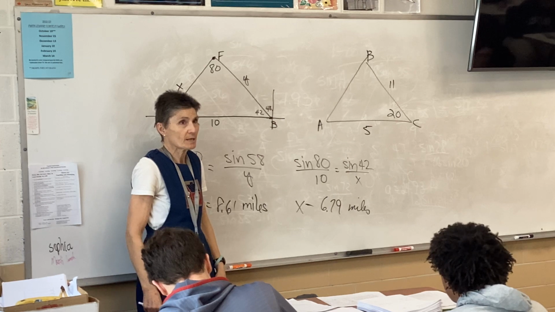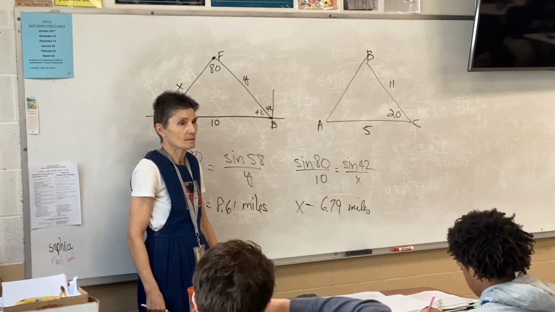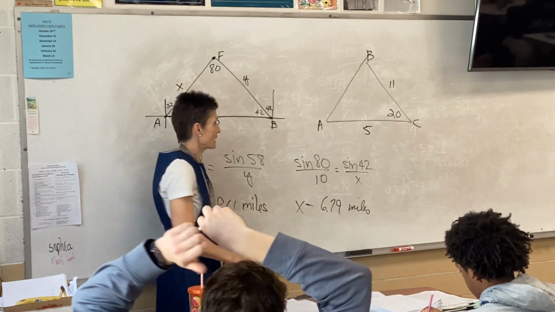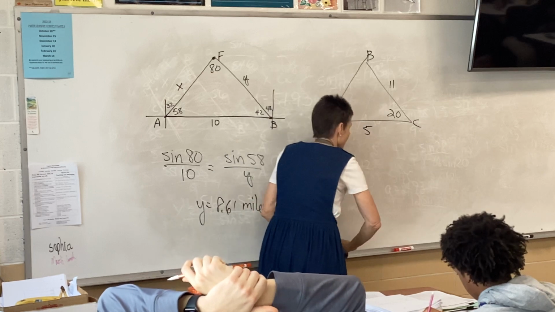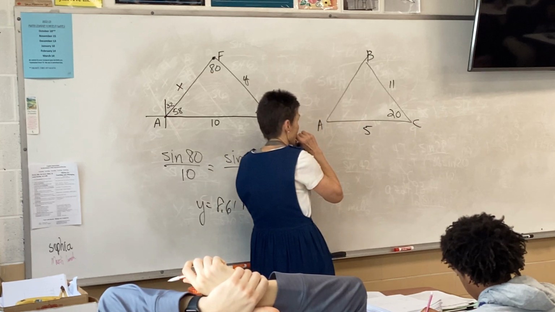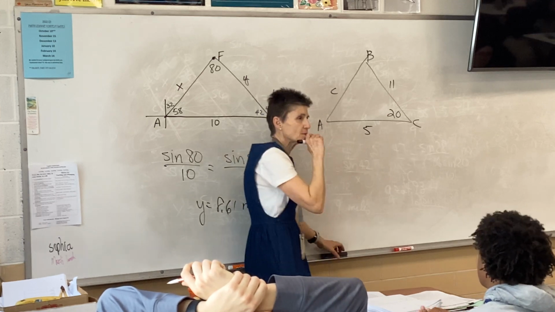But I want you to look at it for a minute and think about the law of sines. If I try to do the law of sines, you see what's gonna happen?